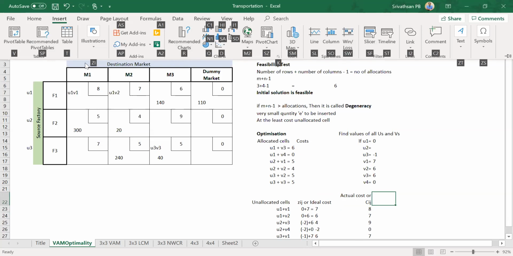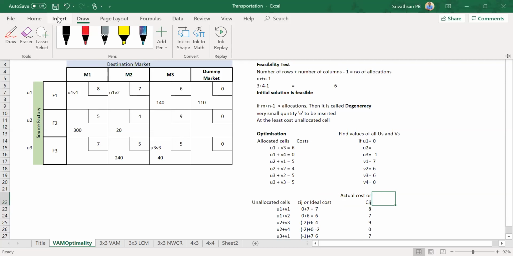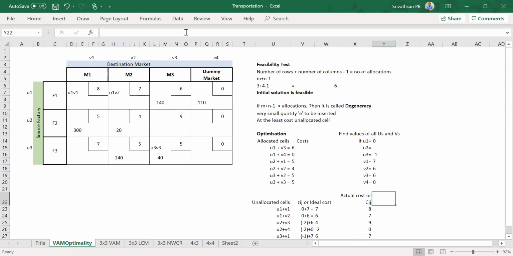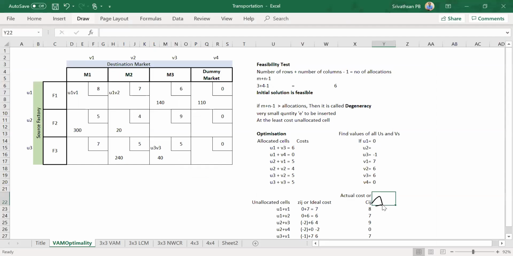I'm trying to find the triangle shape here. I think it's trying to convert this into a triangle, and I removed it anyway.